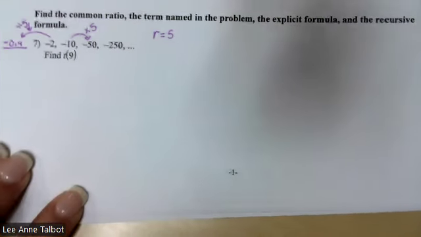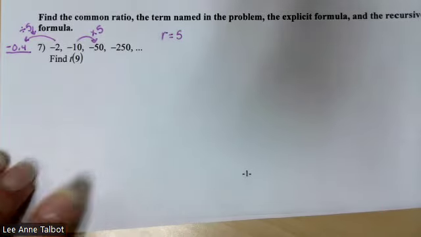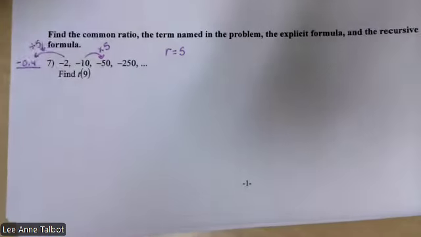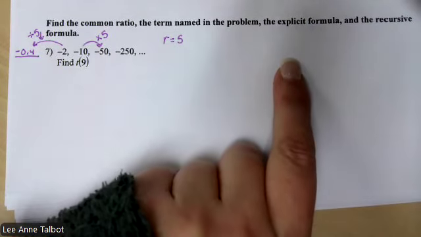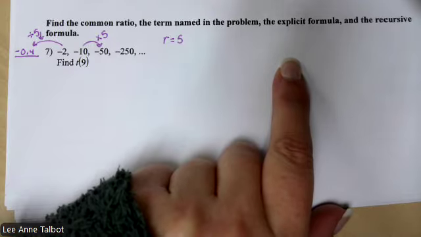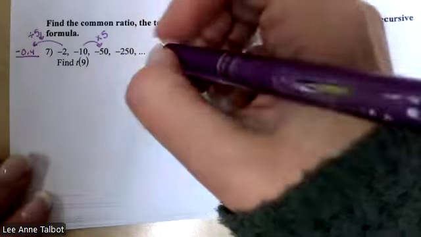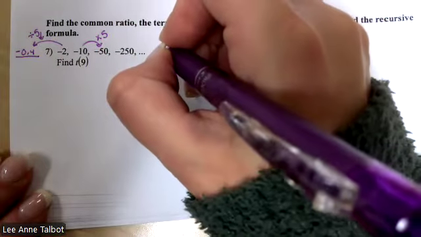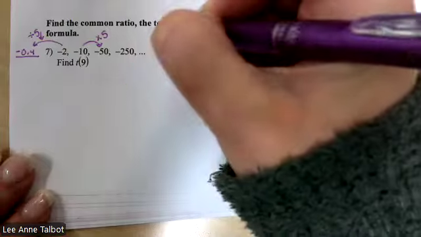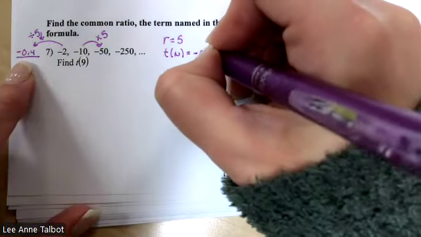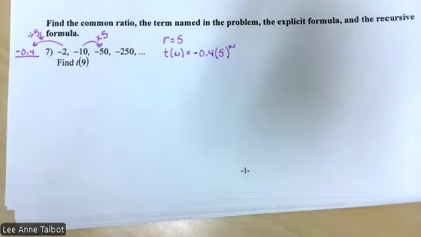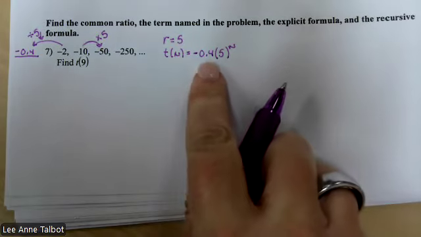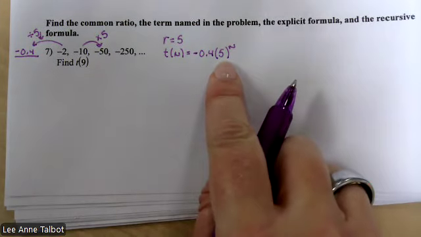And just like these other problems, I'm going to find the explicit first because the explicit is my portal gun. It gets me anywhere I want to go. And in this problem, I might just multiply out to term 9 if I wasn't feeling like I had to find the explicit, but I'm going to because it says to. Okay, so explicit is T of n equals term 0 times R to the n.